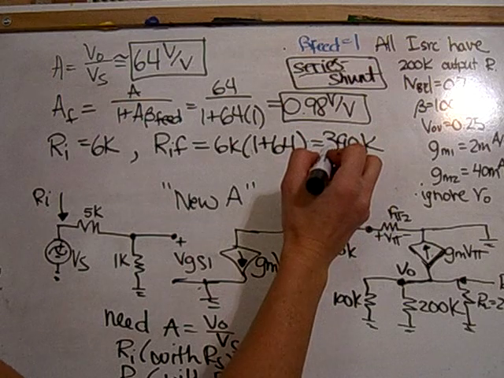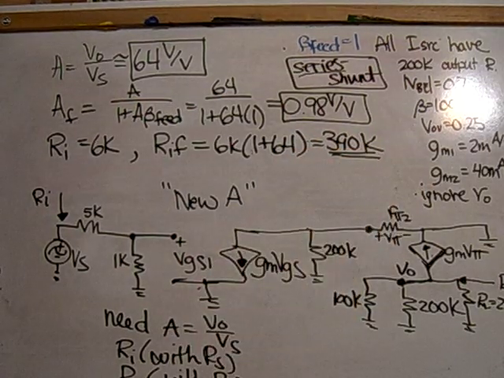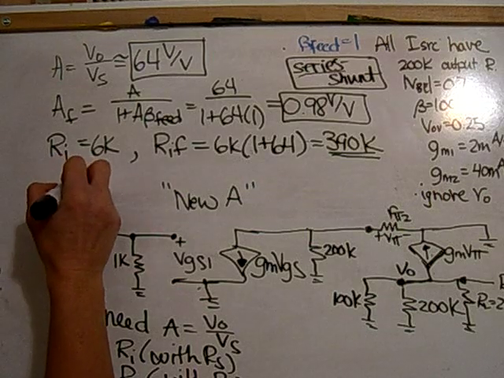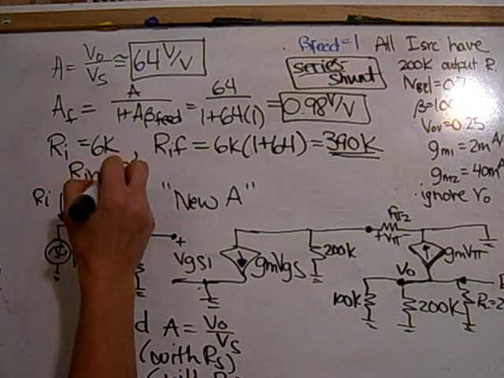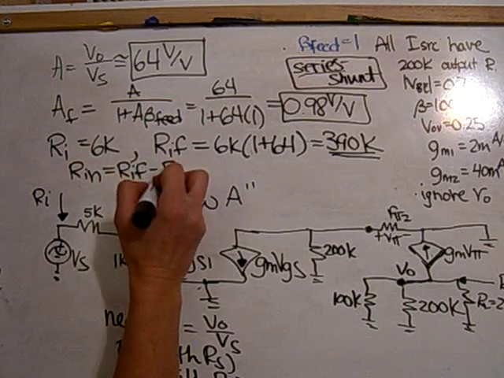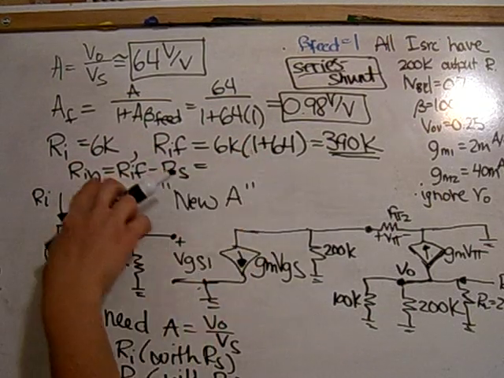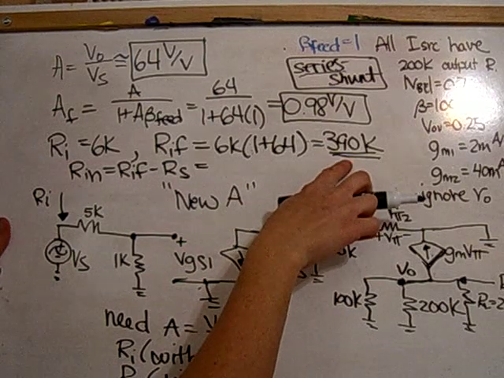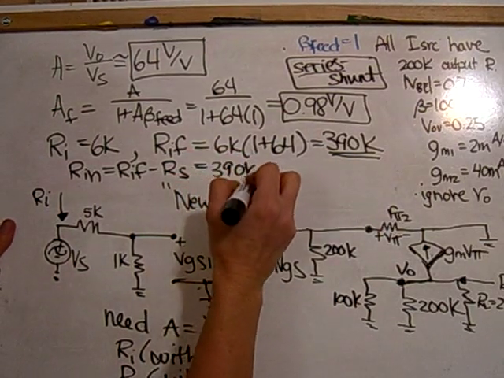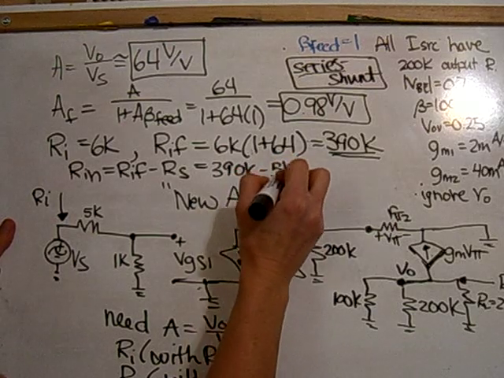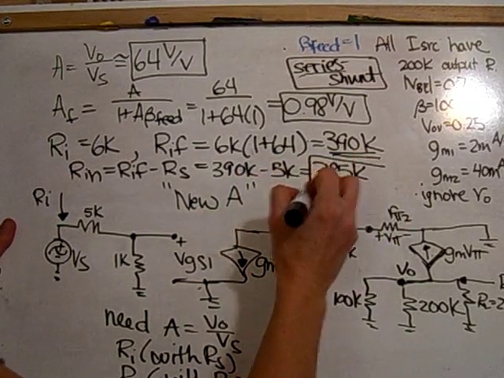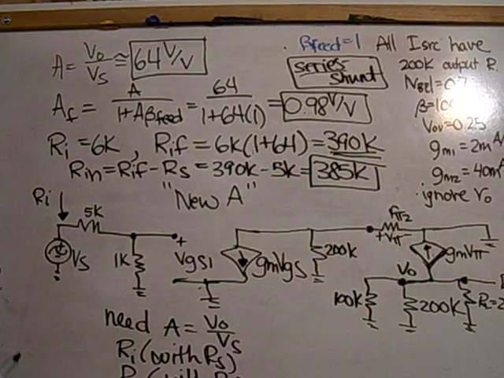So now this is with Rs in it. Without Rs, which is called Rn, will be RIF, and because it's a series, I just subtract off Rs. So my Rn will actually be 390K minus 5K. So it will be 385K.